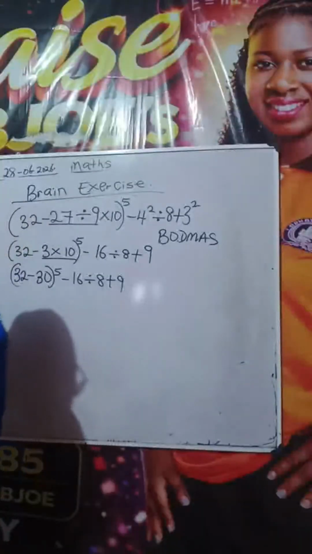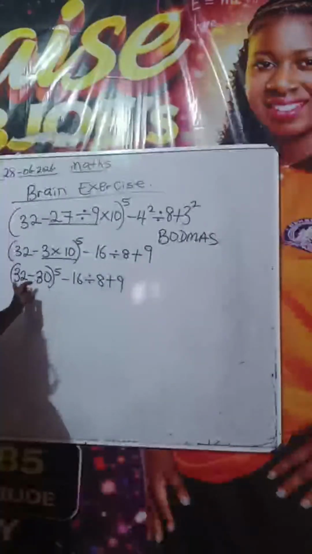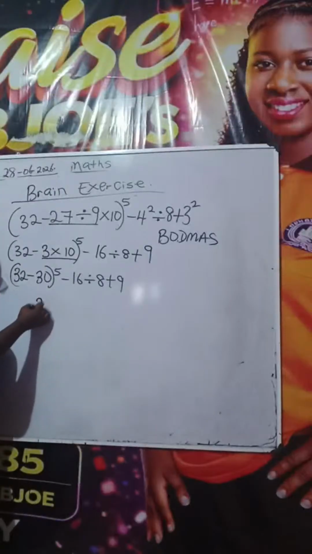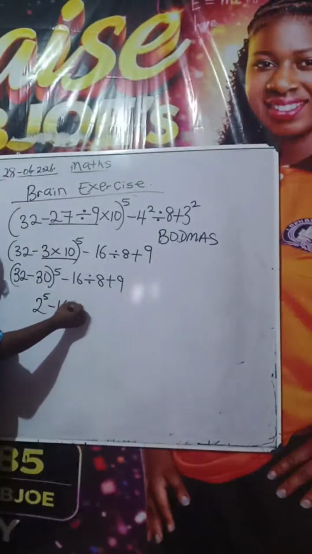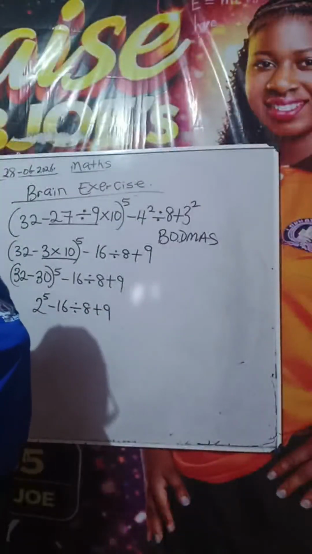Now we are coming back into the bracket. So we have 32 minus 30, which will give me 2, then raised to the power of 5, minus 16 divided by 8 plus 9. Then what next again?